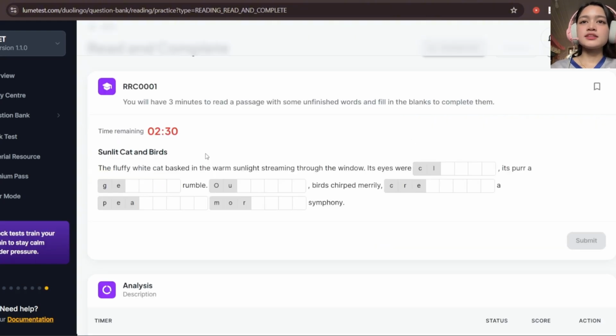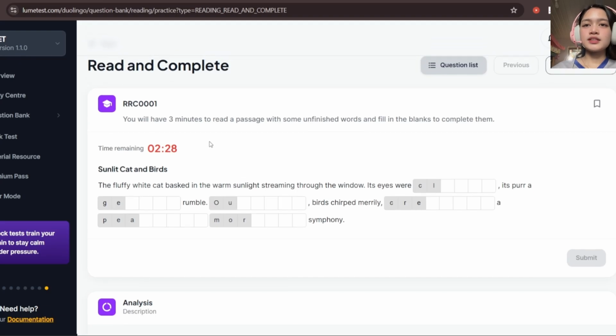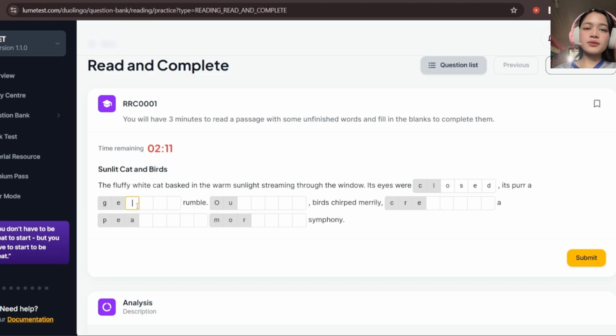As you read, try to understand the topic and flow of the passage rather than focusing on individual words only. Okay, let's start with this one. Sunlit cat and birds. The fluffy white cat basked in the warm sunlight streaming through the window. Its eyes were closed. Its purr a blank rumble. Blank birds chirped merrily.